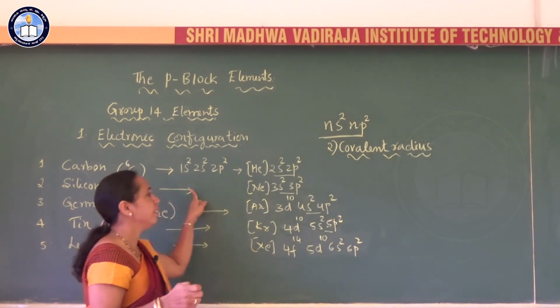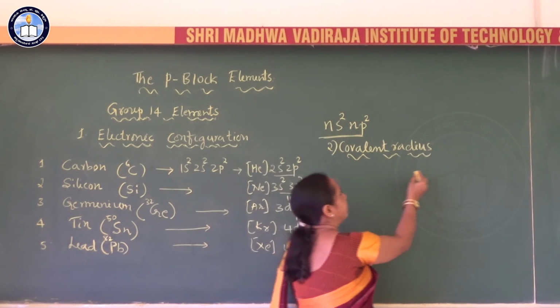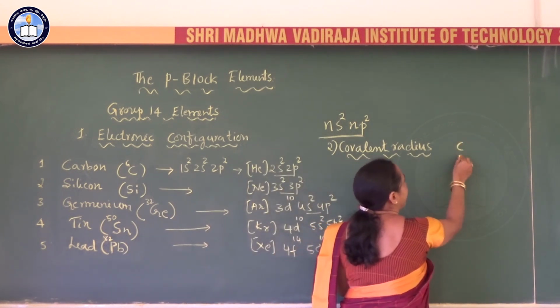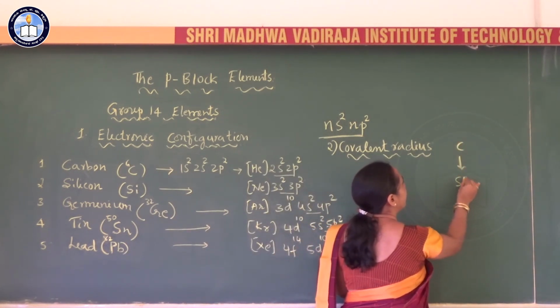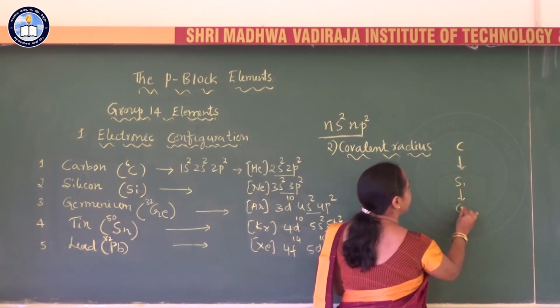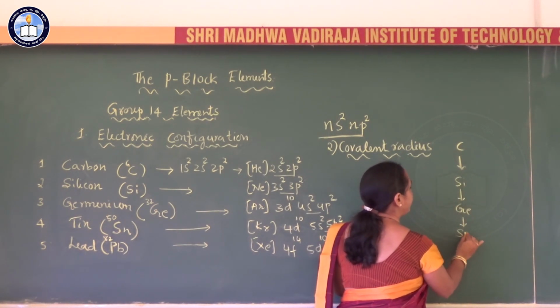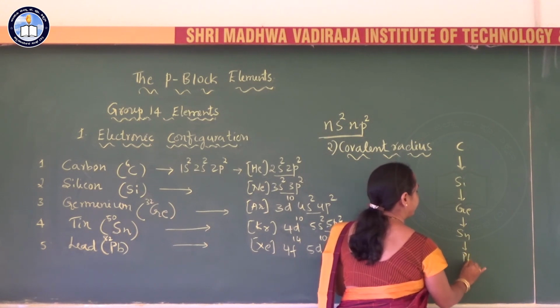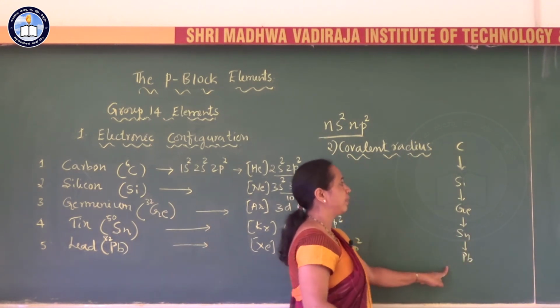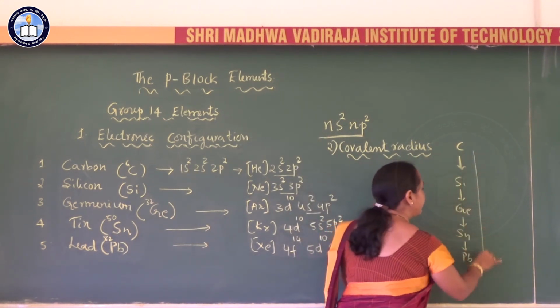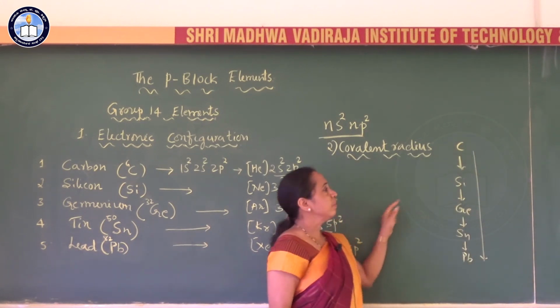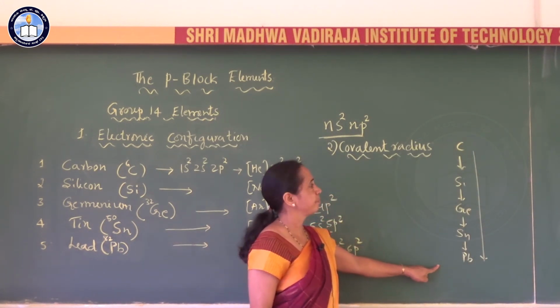And we are going to observe the same thing in our 14th group elements. As we descend from carbon to silicon, silicon to germanium, germanium to tin, and tin to lead, there is an increase in covalent radius.